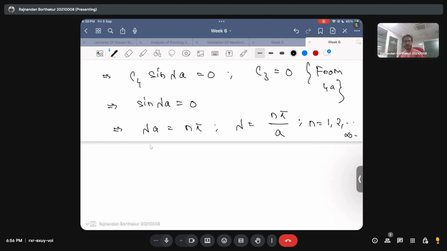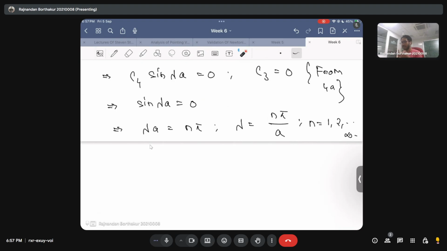Now this is where I come to the term eigenvalue. The reason you call this an eigenvalue is that the solution is satisfied not for all values of lambda, but only for certain discrete values of lambda, of the form n pi by a. Only values of the form n pi by a will give a solution to this problem, and that's why this is called an eigenvalue problem.